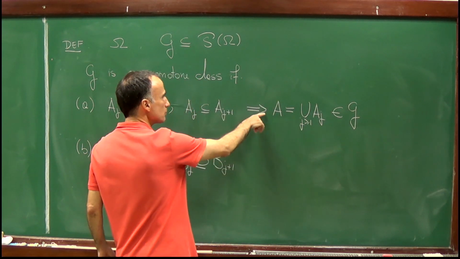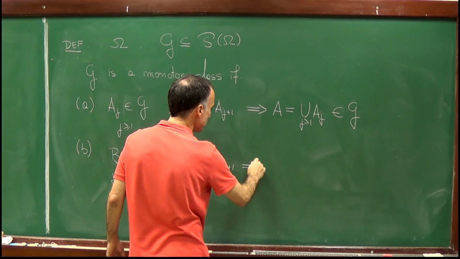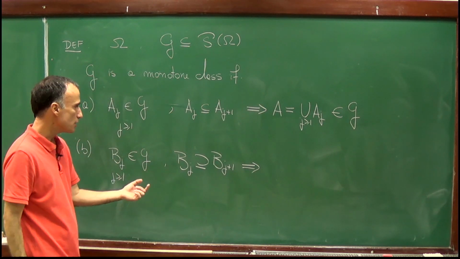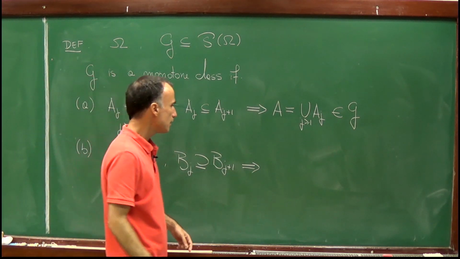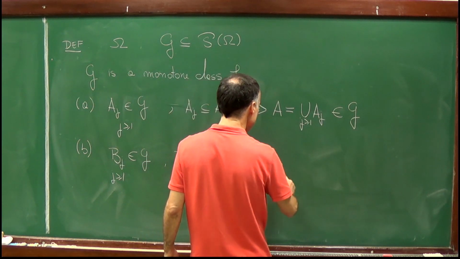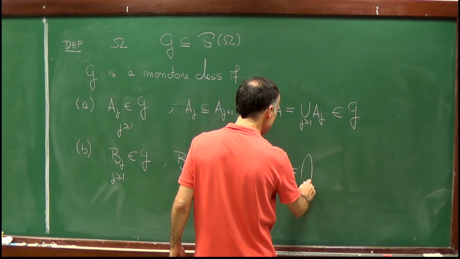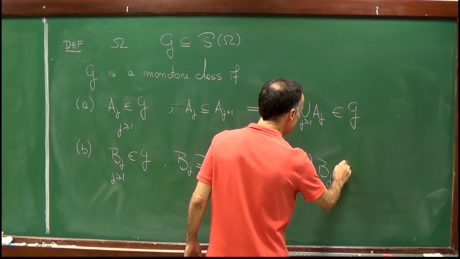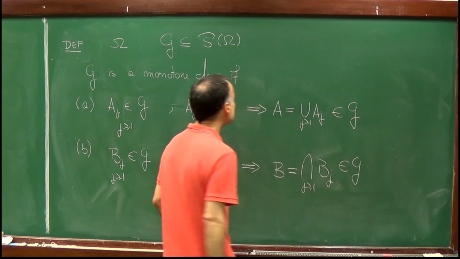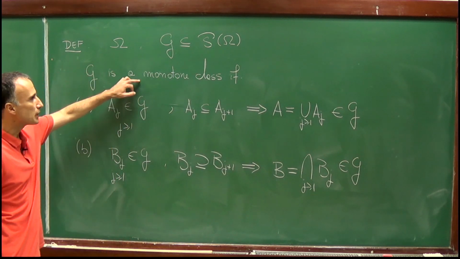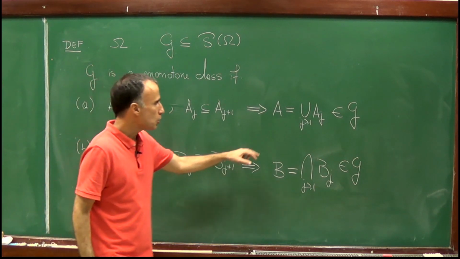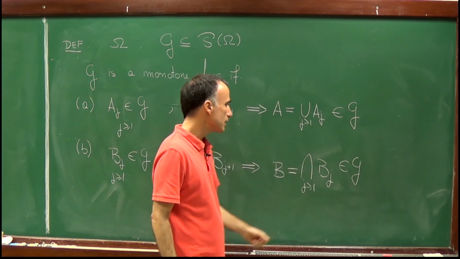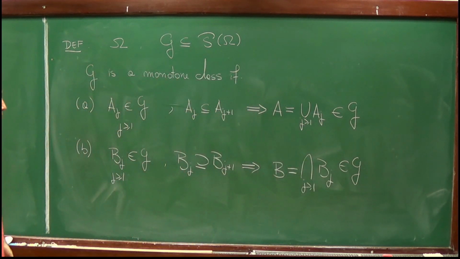So we will require that if we have a sequence of sets in G which is decreasing, then the limit of this sequence, which is just the intersection of these sets Bj, belongs to G. So G will be called a monotone class if it's closed by increasing sequences and by decreasing sequences.